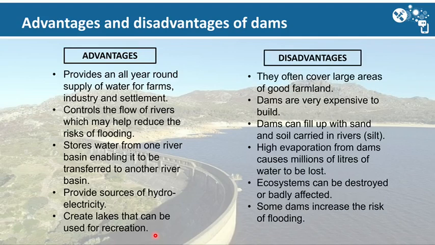But the disadvantages of dams are the following. They often cover large areas of good farmland. Right? Dams are very, very expensive to build. And then as the river flows into a dam, it can be filled up with sand and soil, right? And this sand and soil must sometimes be cleared from the dams.